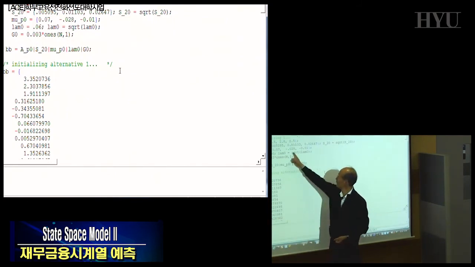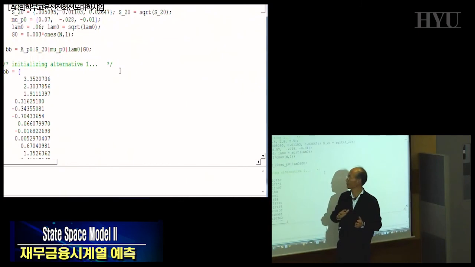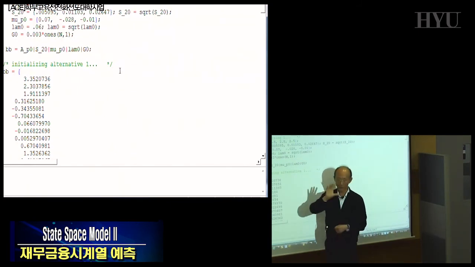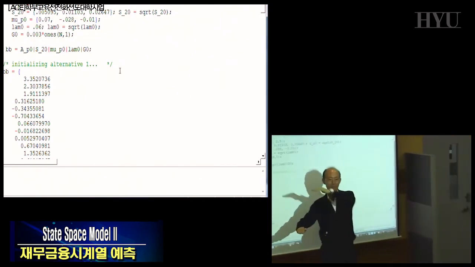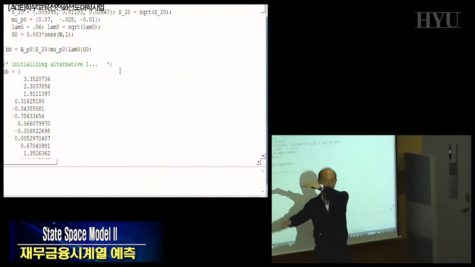So you put that as an initial guess. But I don't know why, because those three are unknown factors, instead of finding the factor like this historical one, the second factor it finds is the negative of the second factor. So short minus long. So the sign is reversed, right?